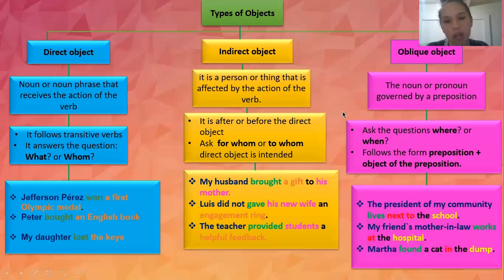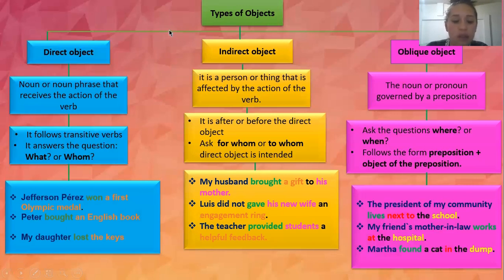In the same way, I want to tell you two tips that are very helpful to identify this type of object. The first tip is that you have to take into account that an indirect object is always before or after the direct object.